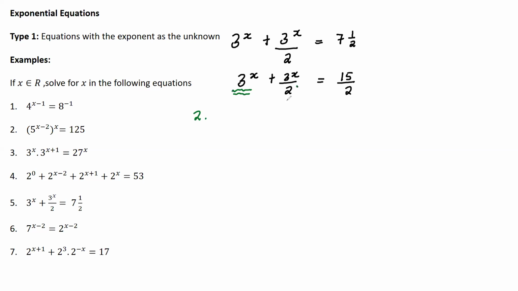You want to get rid of the 2, right? So I'll multiply this by 2, multiply this by 2 as well, then multiply this by 2. So this becomes 2 times 3 to the power of x plus 3 to the power of x is equal to 15. I just got rid of the 2 at the bottom.